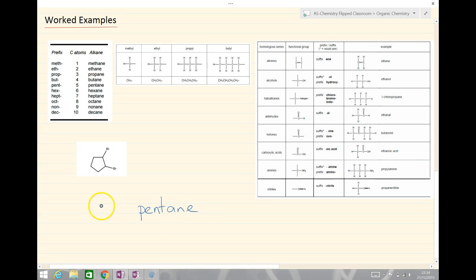Because it's in a ring, we call it cyclopentane, and we number them as we go round. So we've got 1, 2 dibromo cyclopentane. The thing about cyclo groups, they are functional group isomers of alkenes.